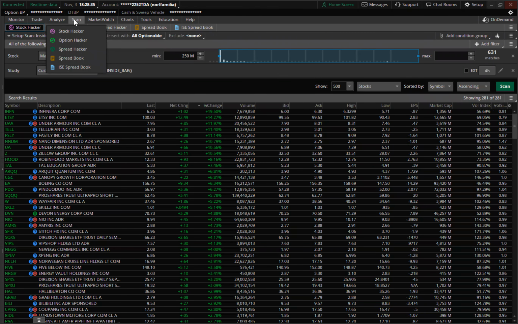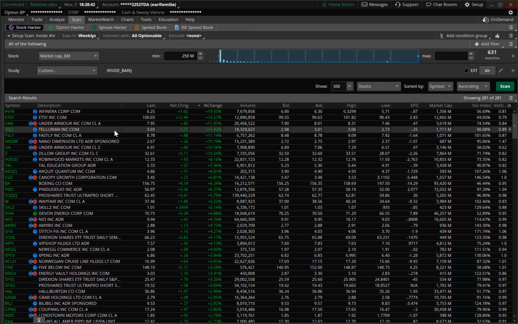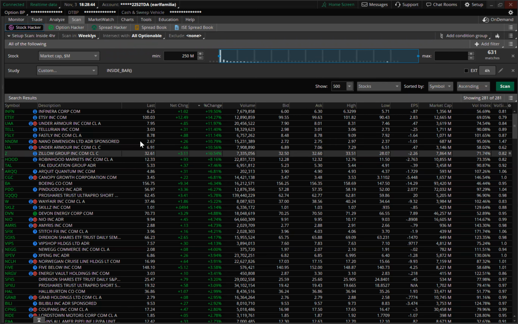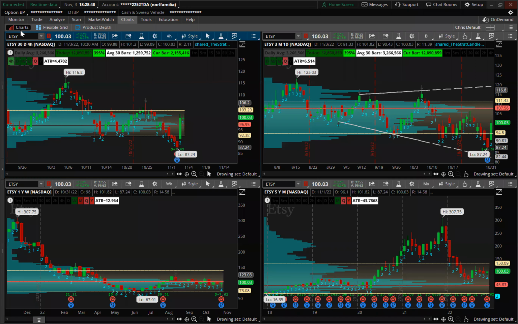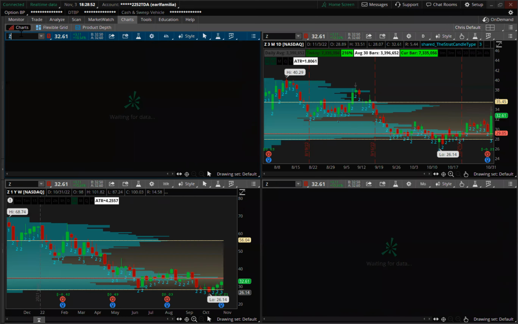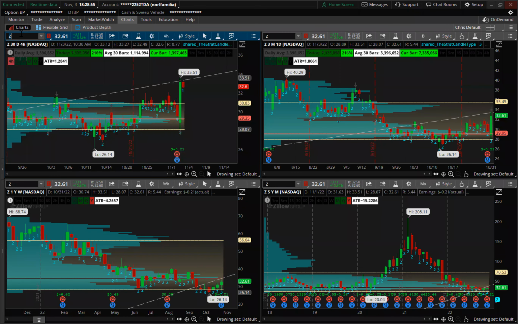But I think with the move and the type of buying that's in that one right now, it's hard for me to see it going the opposite direction tomorrow. So if you want to play it, or you play it a lot or are familiar with it, set an alert for it, set your levels, and be prepared if it does trigger. So the next one here I see is Zillow, Z.